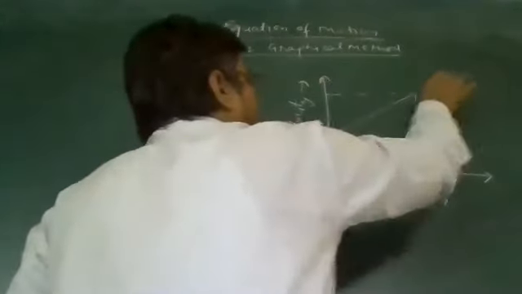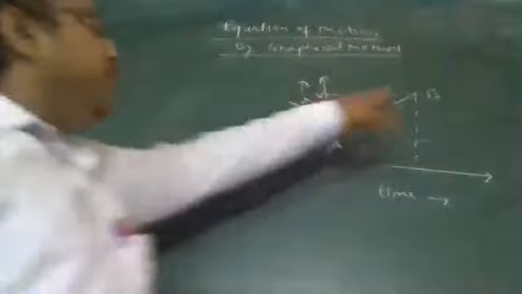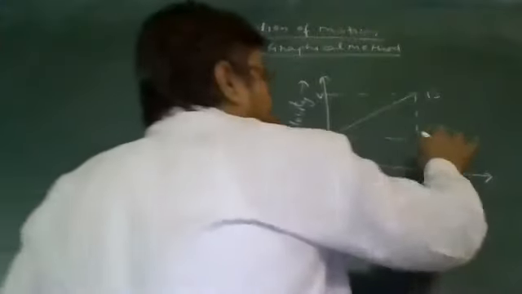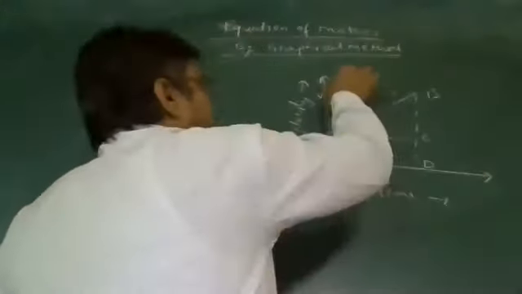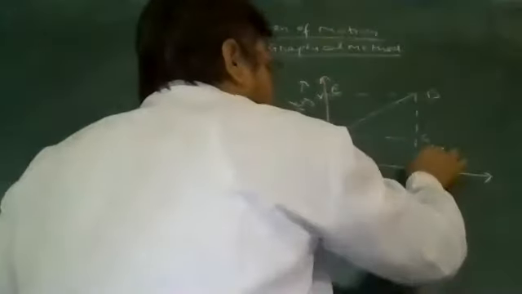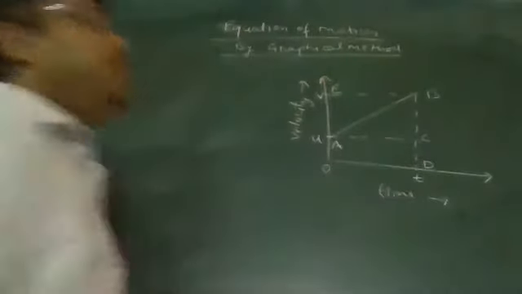This point is p, this point is c, this point is d, and this point is e. And at this point, what is the time available? That is time t.